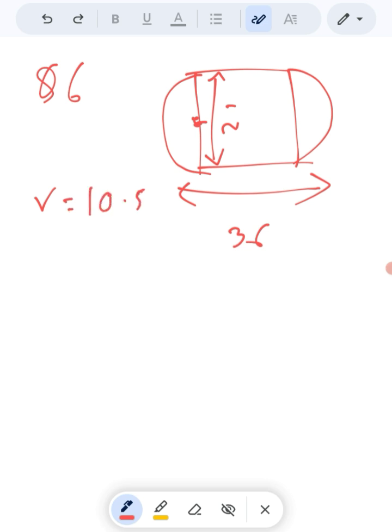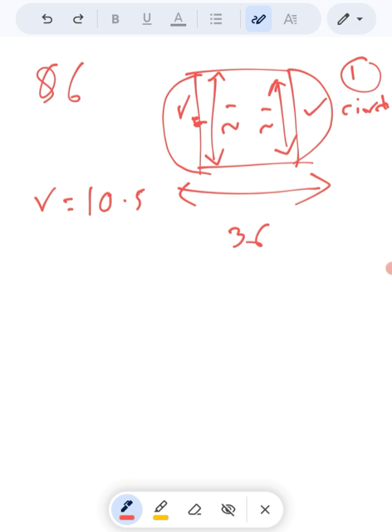Now considering this side as well as this side, they both have the diameter 21, agreed? So can I consider this semicircle and this semicircle as one circle? I can, because the diameter is same.